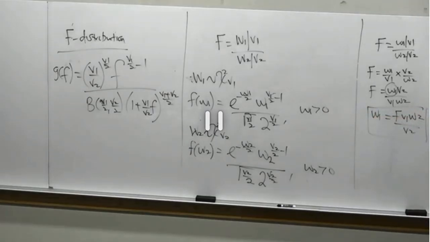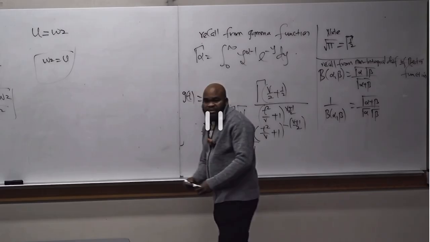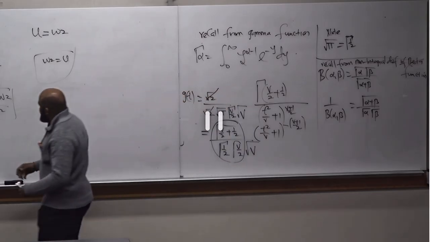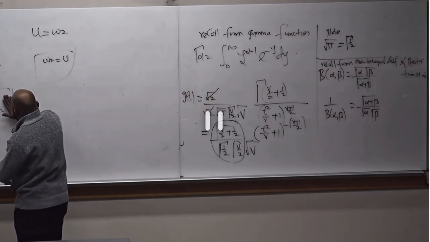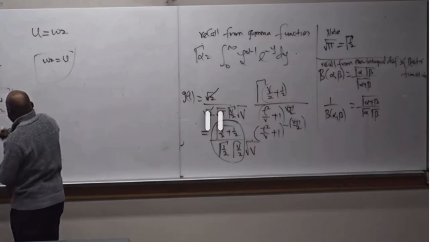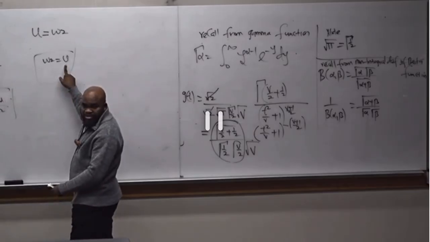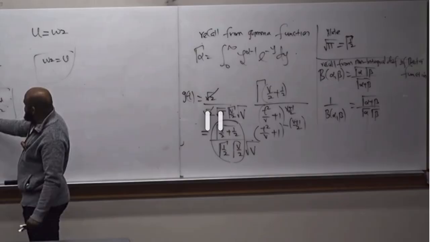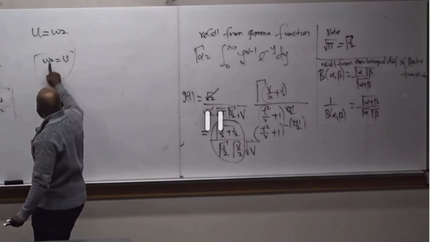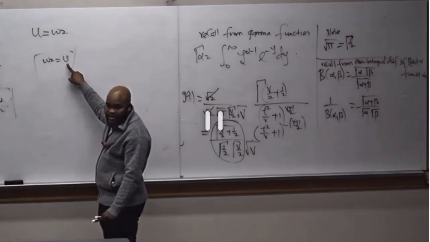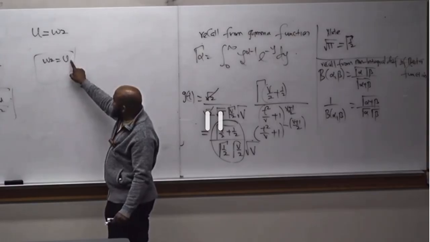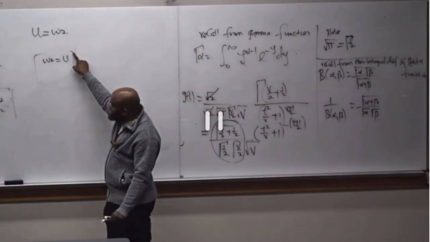Now, can you see my inverses? Oh, sorry. This is going to be U, because W2 equals U. Does that make sense? Now, I've expressed W1 in terms of f and u, and I've expressed W2 in terms of f and u. f is here, except that it is raised to power 0. Does that make sense? These are the inverses.